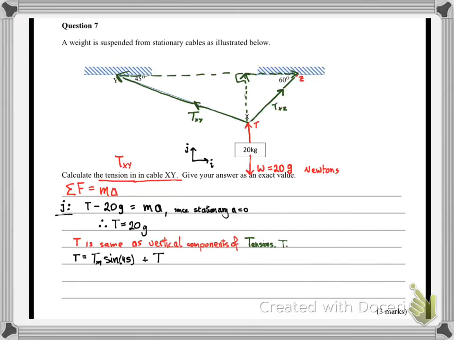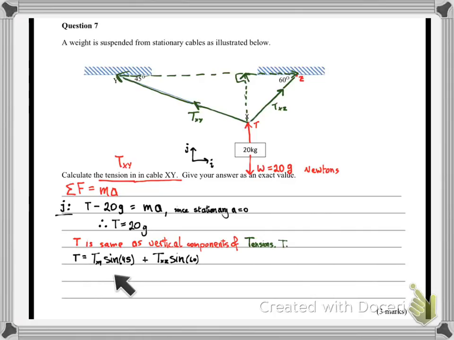Okay, so we can conclude that tension T is going to be the same as one vertical component of this tension force, which is the sine of 45 degrees, being the opposite side of the right angle triangle, sine 45 degrees of the hypotenuse T_xy, plus the other vertical component of the second cable, this one, so it's sine of 60 times T_xz.